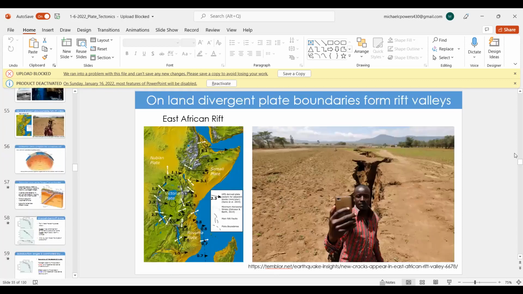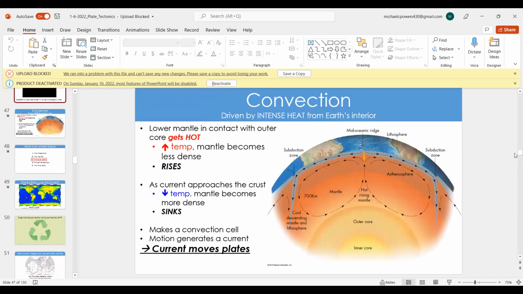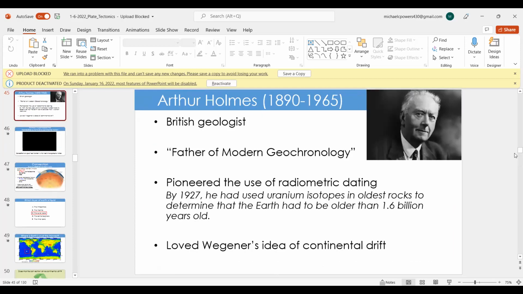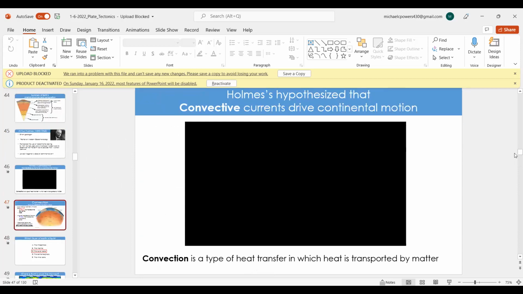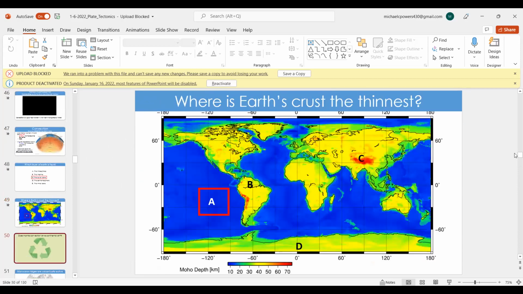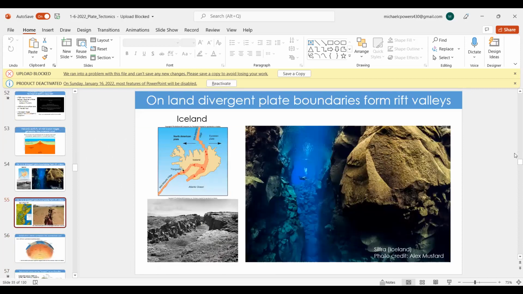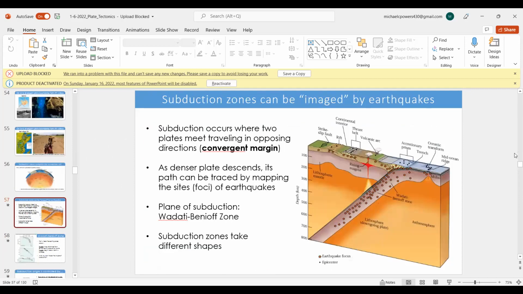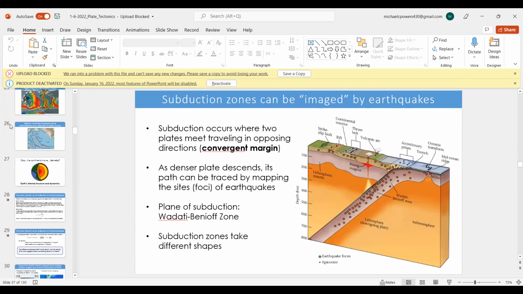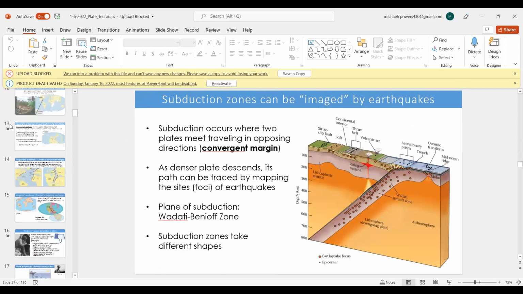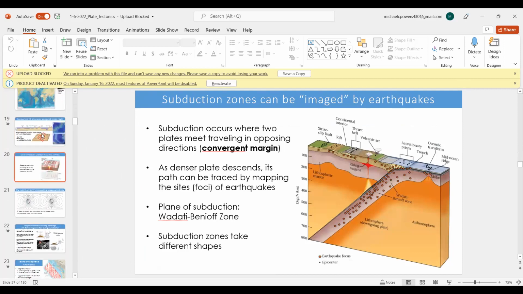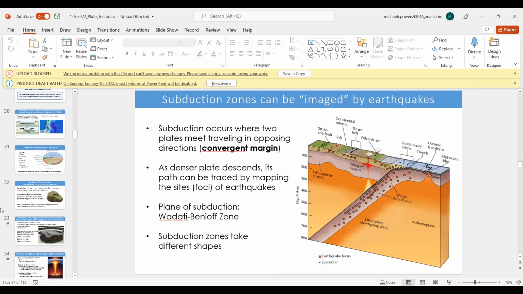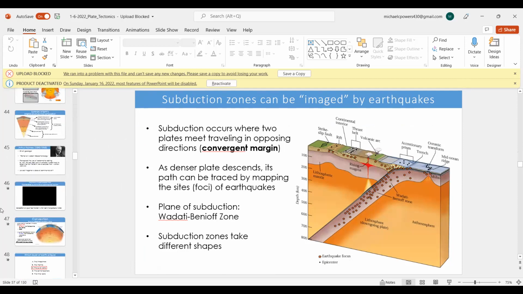So let's start with... where are we gonna go? Trying to find where those are.